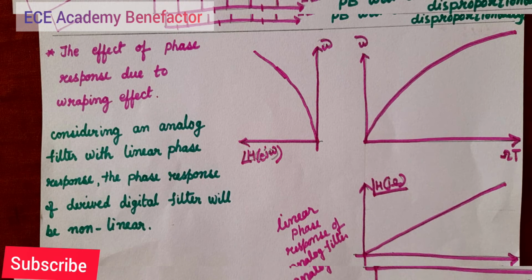By seeing the equation ohm is equal to 2 by T tan omega by 2, the effect on magnitude and phase response is not similar to that of the analog filter due to wrapping effect. It is leading to certain distortions at higher frequencies. This wrapping effect can be avoided by pre-warping the frequencies, which we will be seeing in the next class.